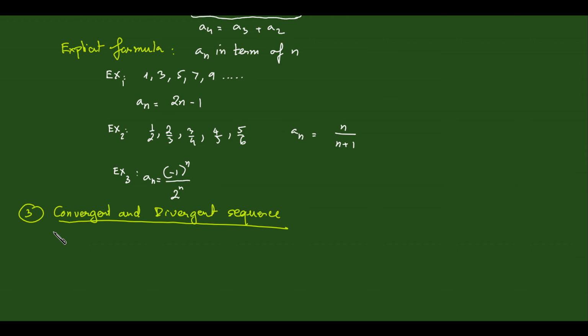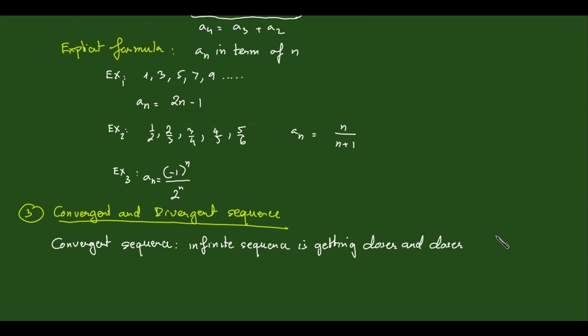It means that when you have a sequence, and it's an infinite sequence, it's not finite, and that sequence is going to get closer and closer to a certain number, then we call that sequence a convergence sequence. So a convergence sequence is an infinite sequence that is getting closer and closer to some value.